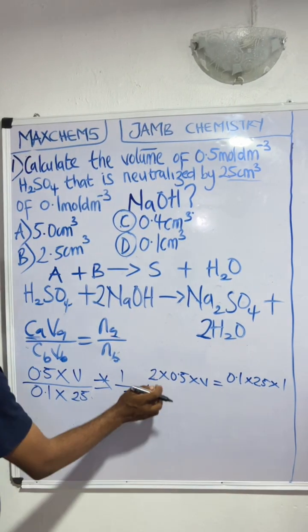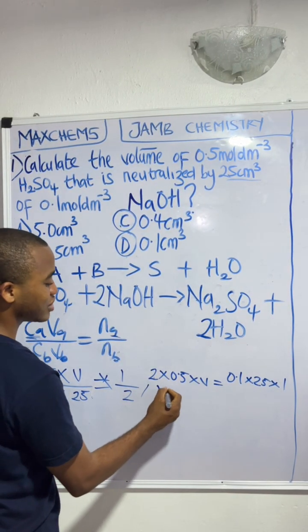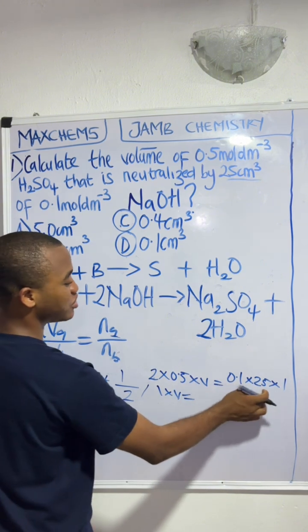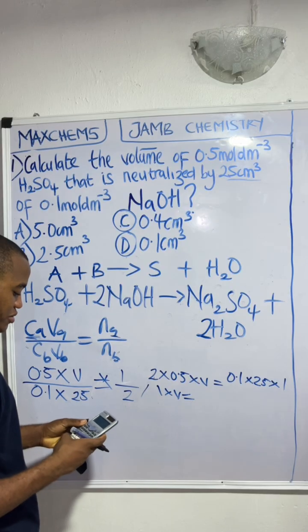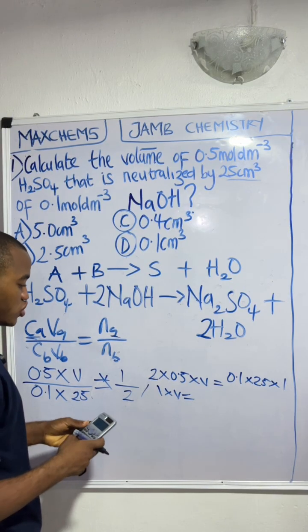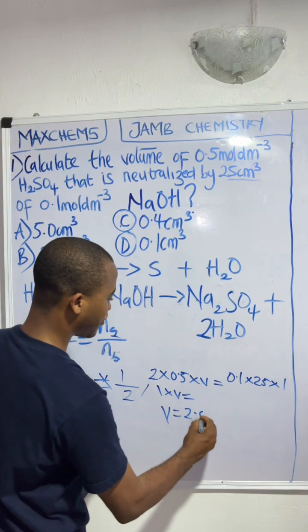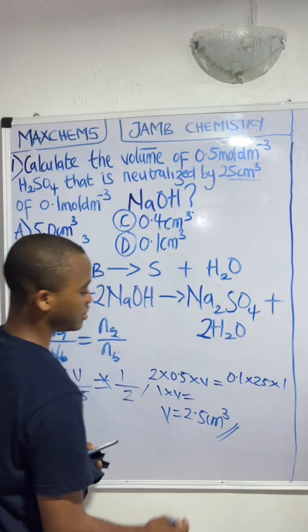If you multiply 2 times 0.5, that will give you 1, and 1 times V is still V. So you multiply 0.1 times 25, which will give you 2.5. So your V is going to be equal to 2.5 cm cube.